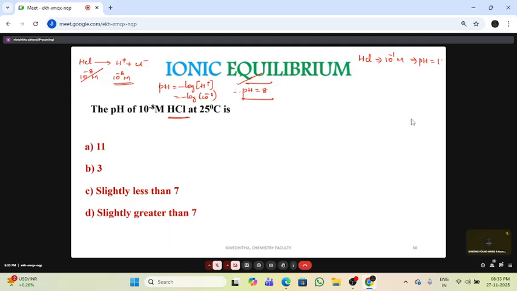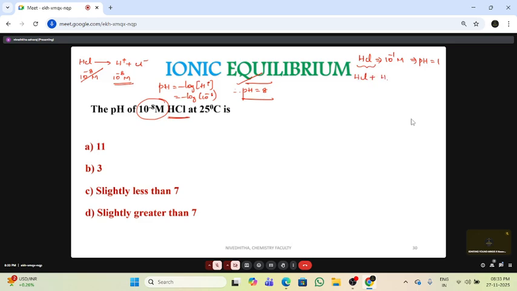But not in this. Whenever you are preparing an acid solution, what are we doing? We are mixing acid with water, right? So HCl is mixed with H2O. This is the solution, right?